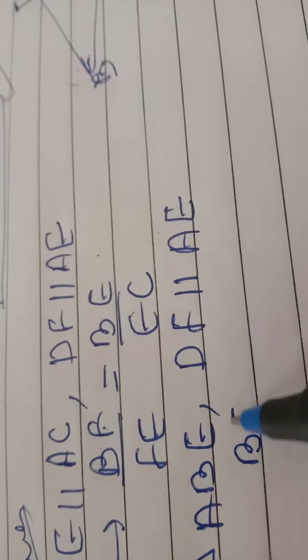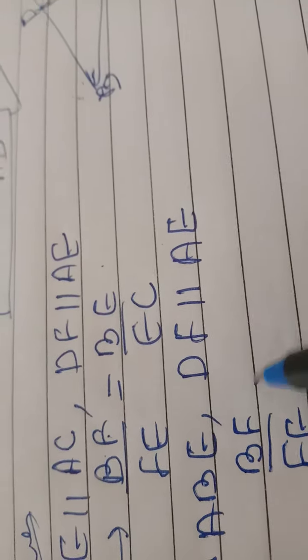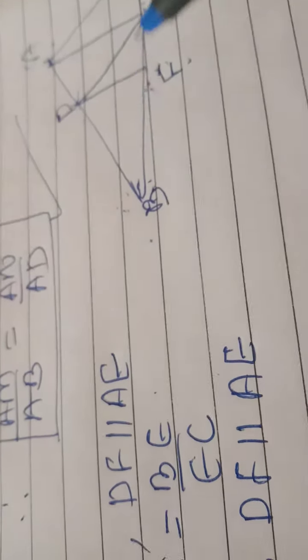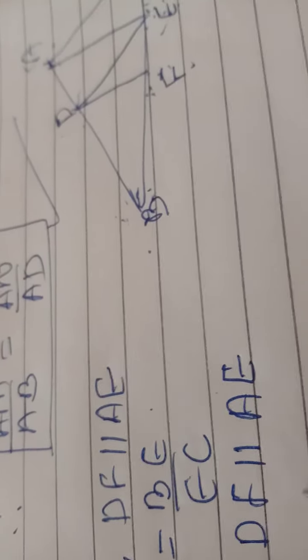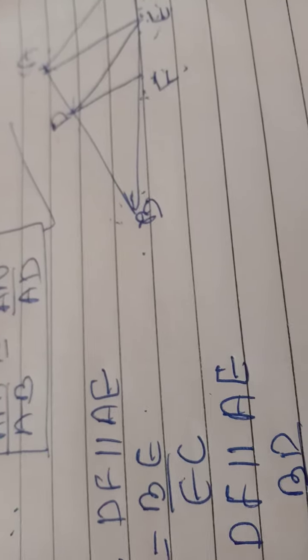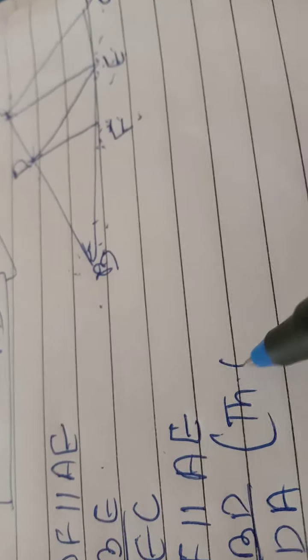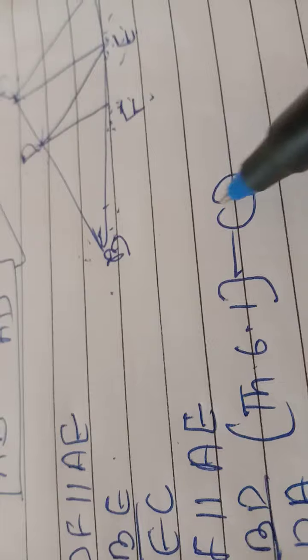So if DF is parallel to AE, I will write BF upon FE is equal to BD upon DA. Clear? The reason is theorem 6.1, equation number 1.